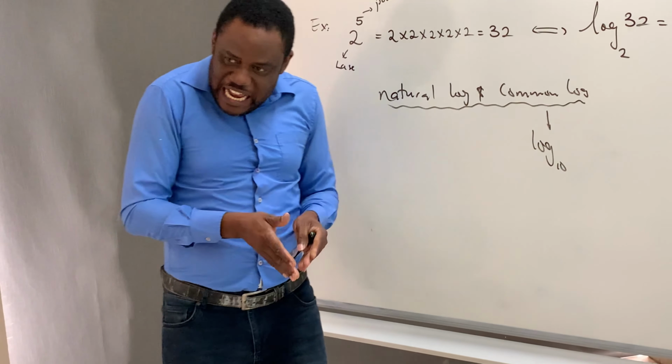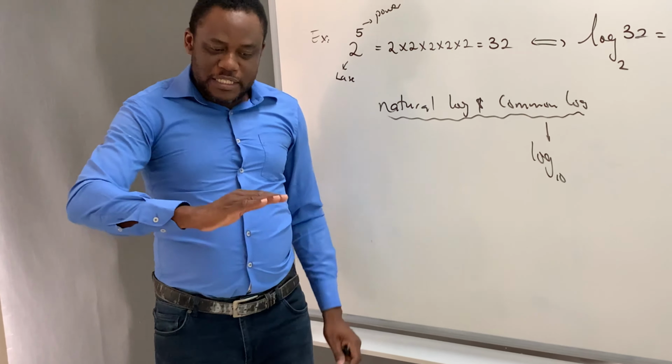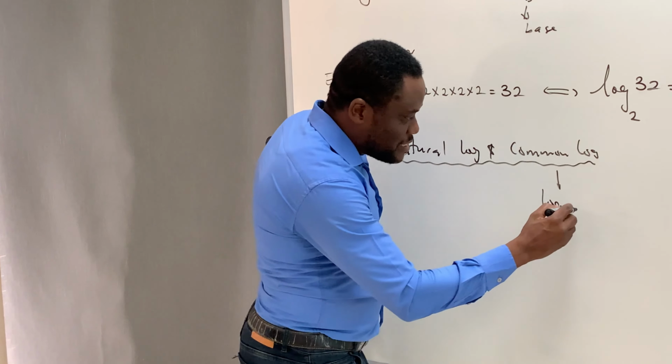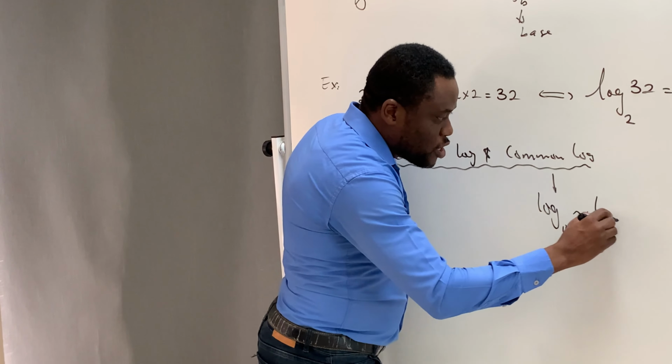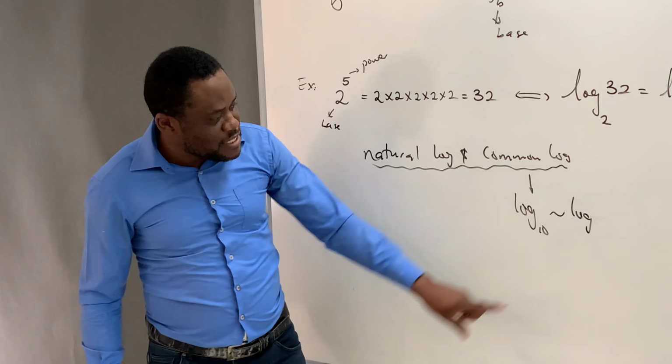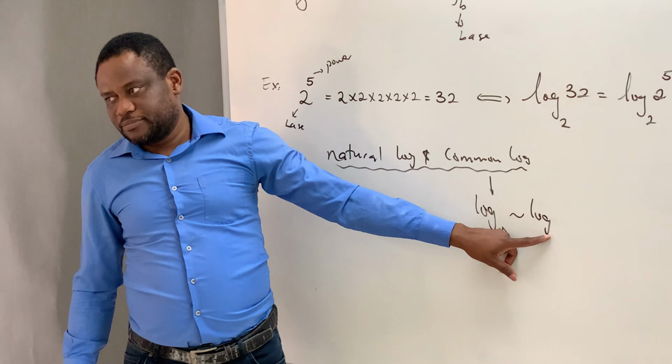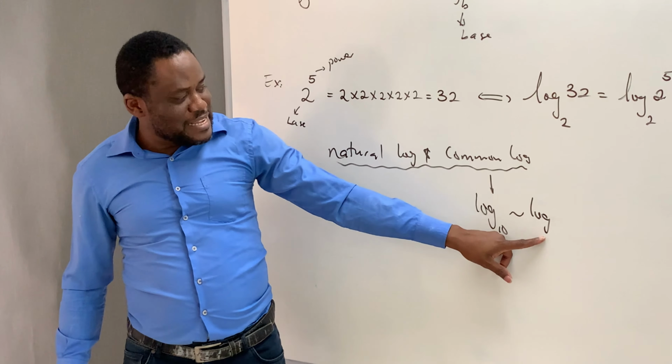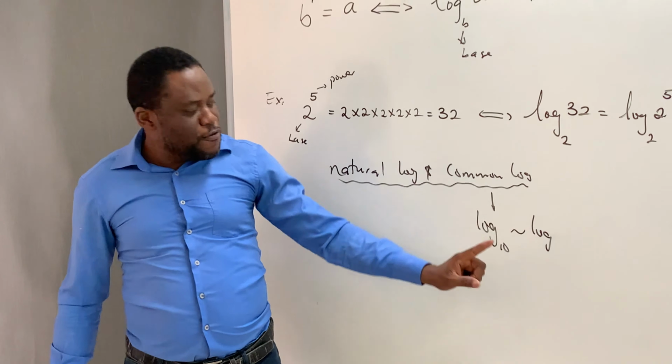So the base 10 is the common logarithm. So instead of me writing log in base 10, I can rewrite it as log. If I did not put anything in the base here, it means it's 10.